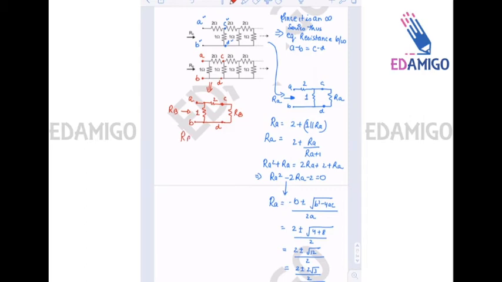So here RB is equal to 1 parallel 2 plus RB, that is 1 into 2 plus RB divided by RB plus 3.